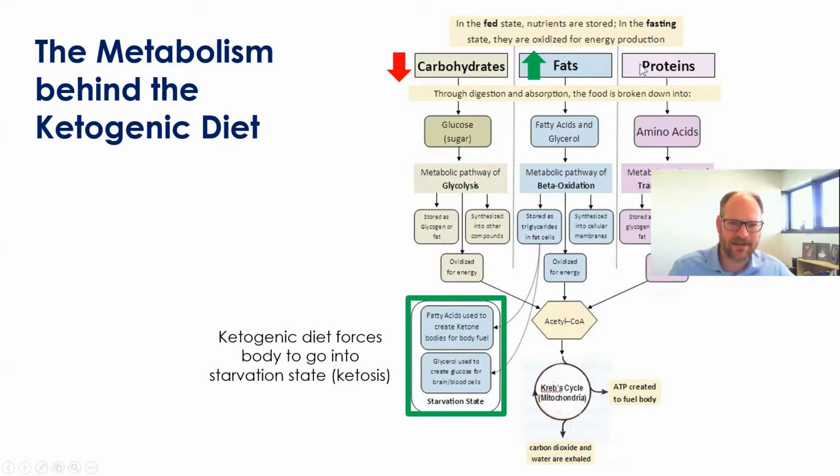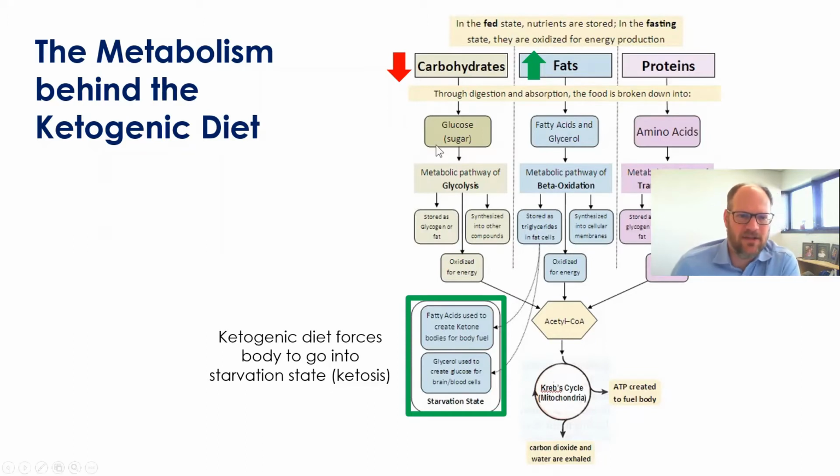Now, this diet has some impacts on our body, which is that carbohydrates are ultimately the preferred substrate for feeding your brain and for your renal cortex and a few other tissues in your body, your red blood cells. They all rely on glucose to feed them. And so when you don't have it, your body has to make the baseline level of glucose necessary to keep your body alive.